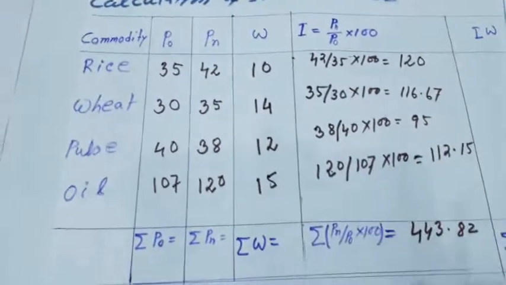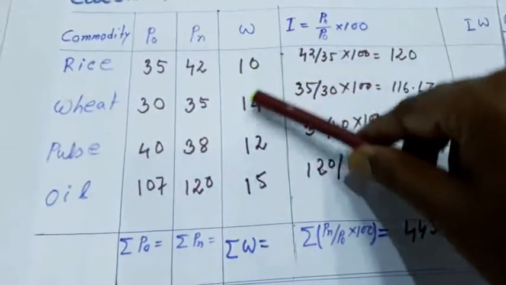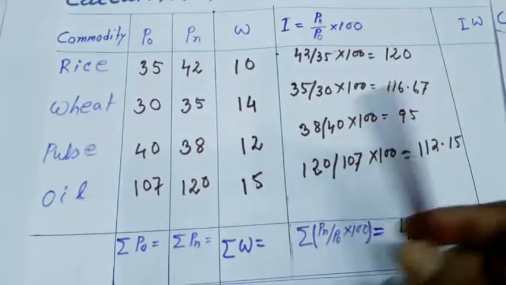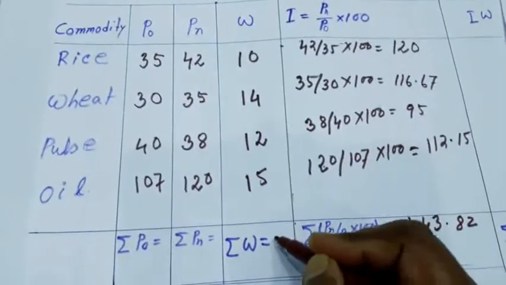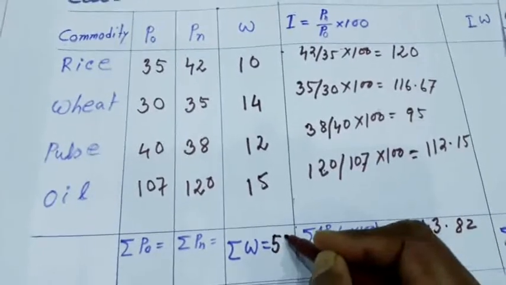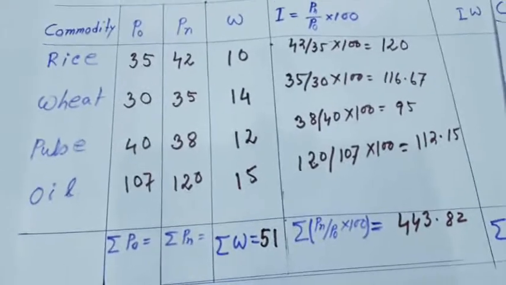Okay. Now sum of weight is what? 10 plus 14 plus 12 plus 15. If we add up all this, we will get 51.